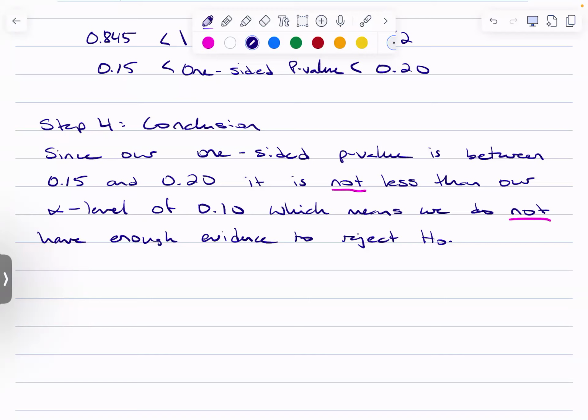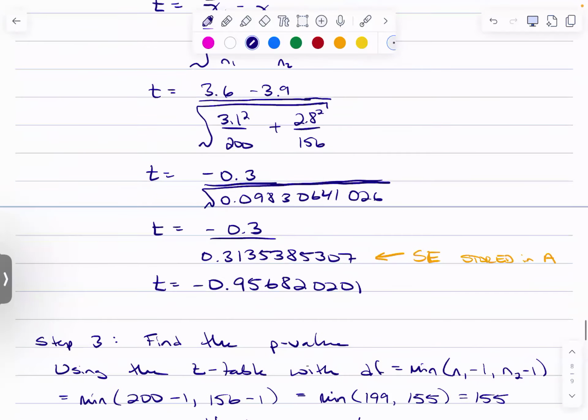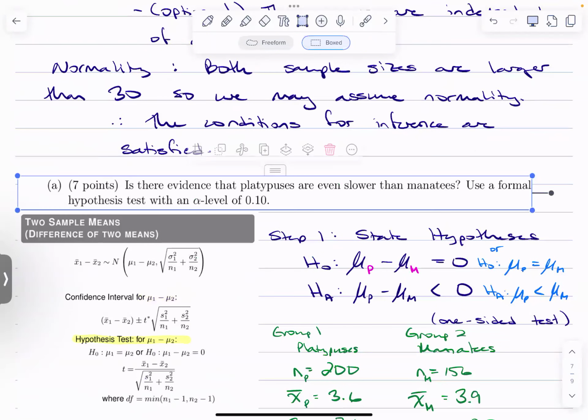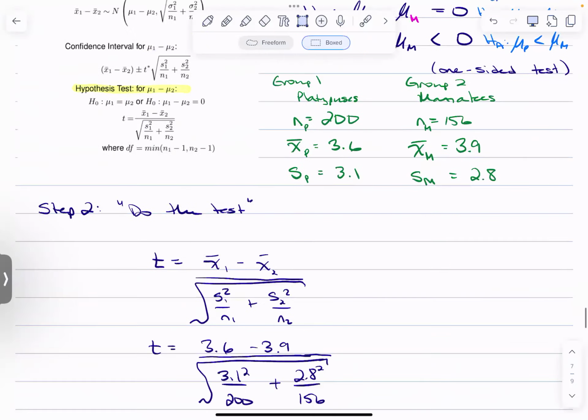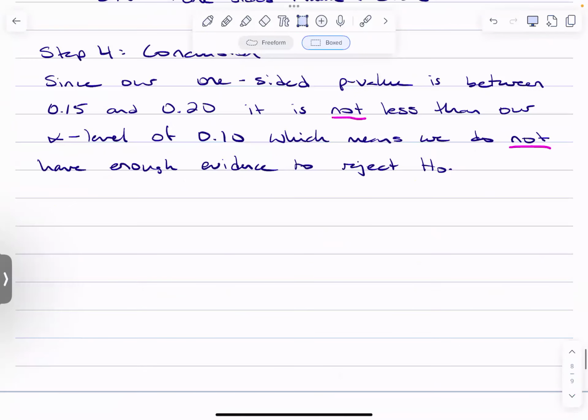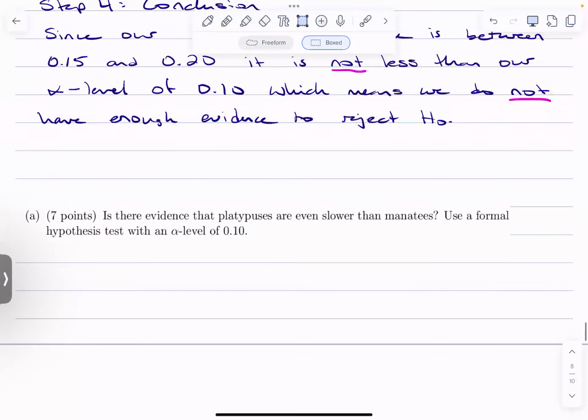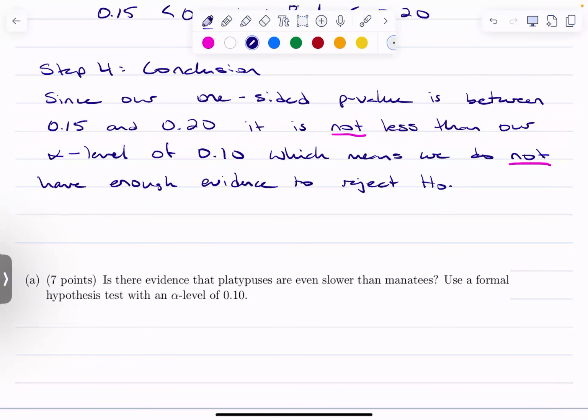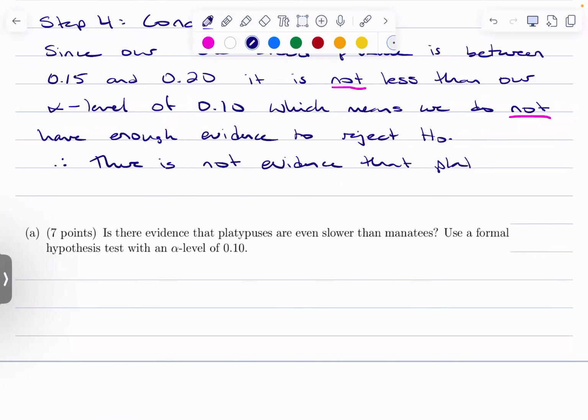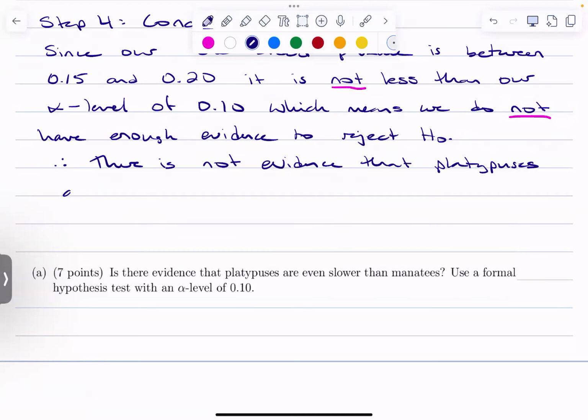What does that mean in terms of the question? You can reword the question as an answer. So I'm gonna snag it here. Is there evidence that platypuses are even slower than manatees? No, there is not. Therefore, there is no evidence, or there's not evidence, whatever you want to say, that platypuses are even slower than manatees.